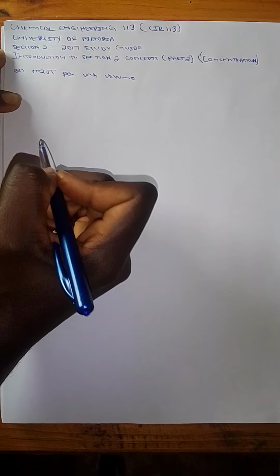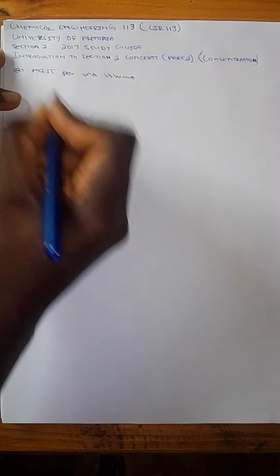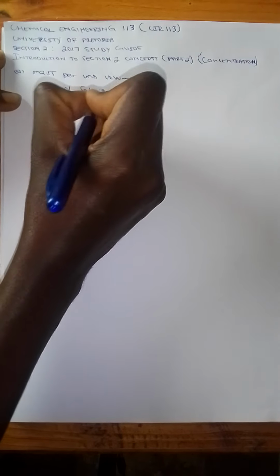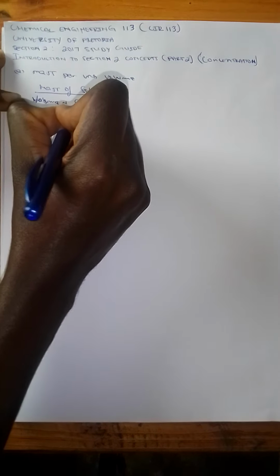Now in mass per unit volume, it's actually mass of solute all over volume of solution.